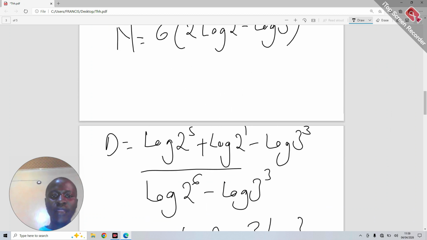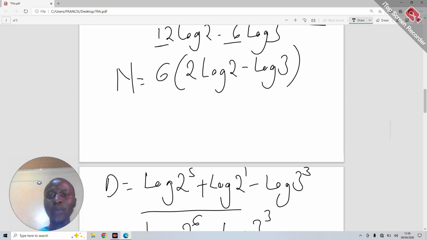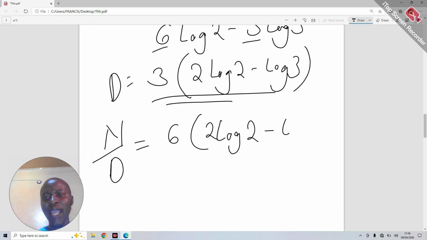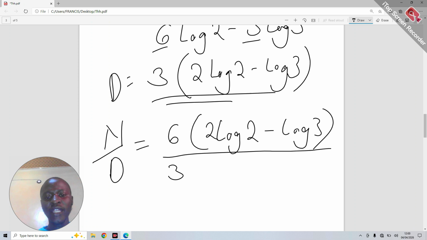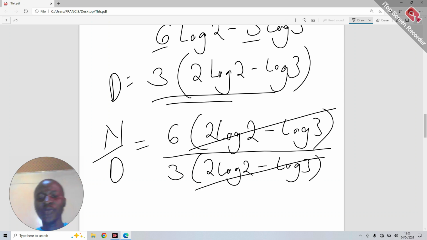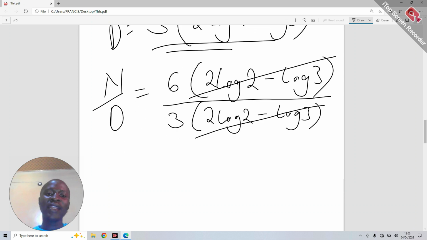So in the numerator, we have 6 into 2 log 2 minus log 3, and our denominator, we have 3 into 2 log 2 minus log 3. Then you will realize that this bracket and this bracket are equal, so they cancel out. Then 6 divided by 3, we shall have 2, and that is our answer.